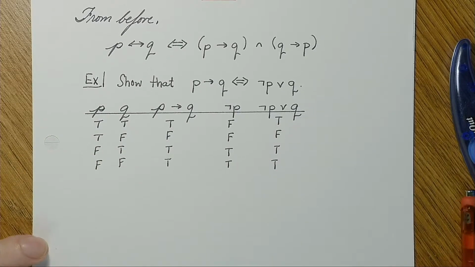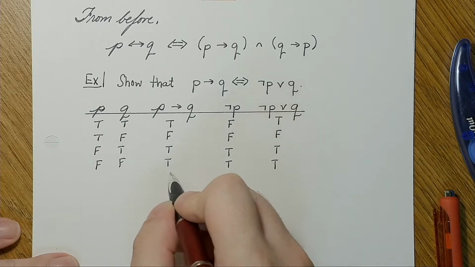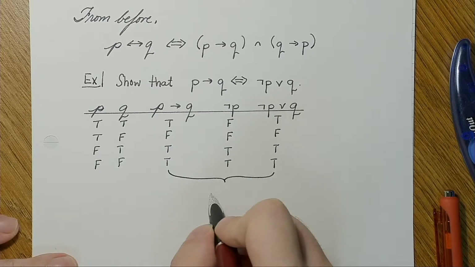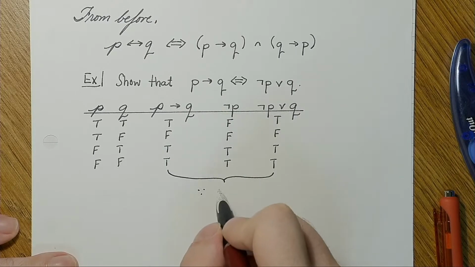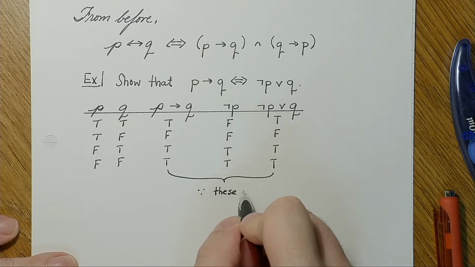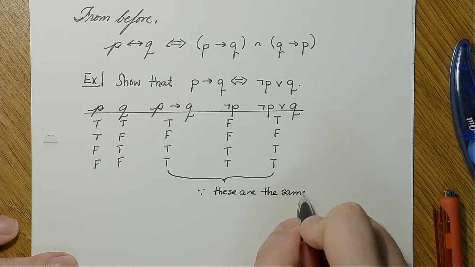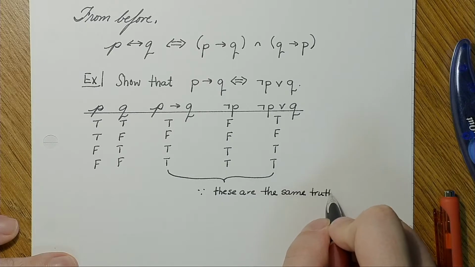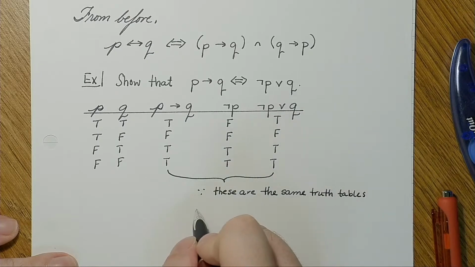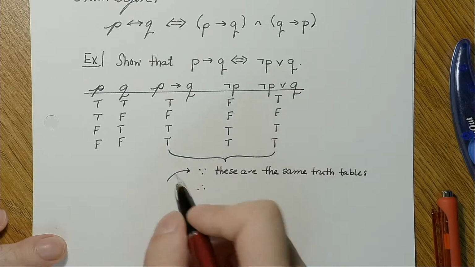So since these are the same truth table, I should make this symbol with the three dots.